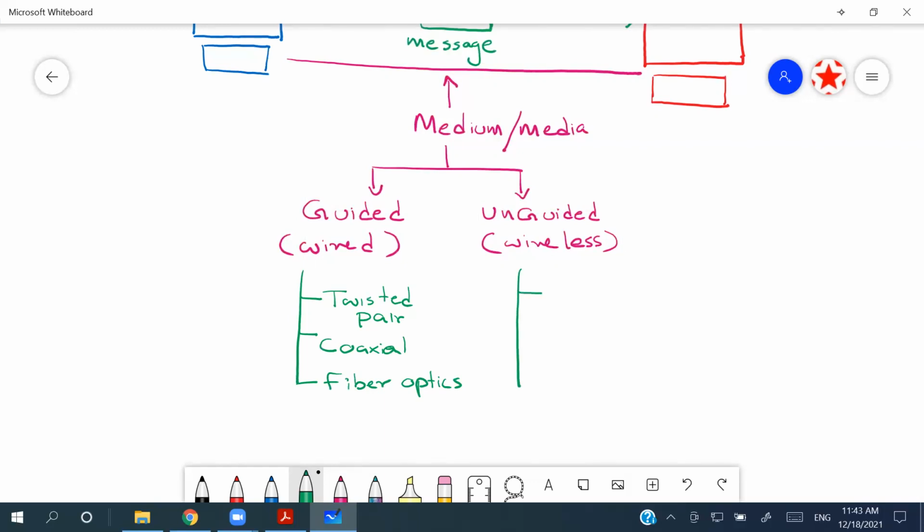Regarding the unguided media, we are talking about electromagnetic waves. In simple terms, we say the radio waves, and the microwaves.